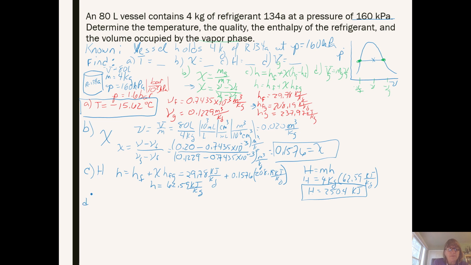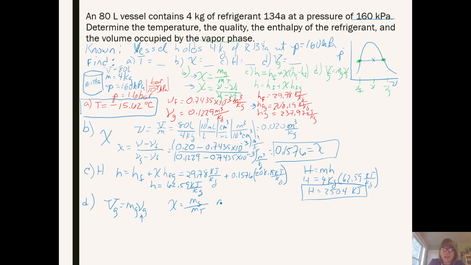And for D, we want to find our volume that's just occupied by the vapor. And so we have this value right here. We need to find our mass of just the vapor itself. And so we can do that by using this up here, our quality, which is just the mass of our vapor divided by the total mass.